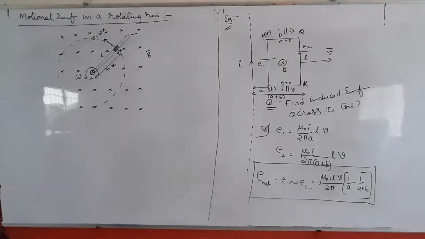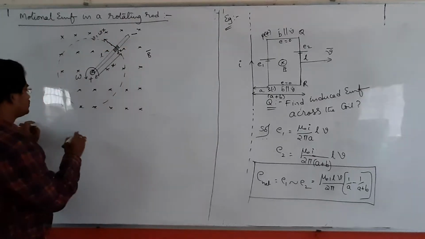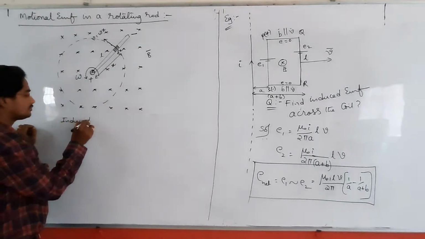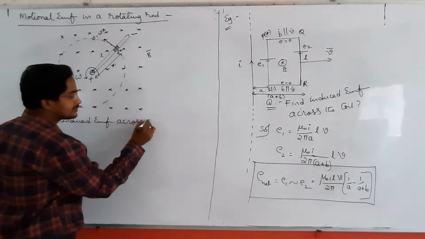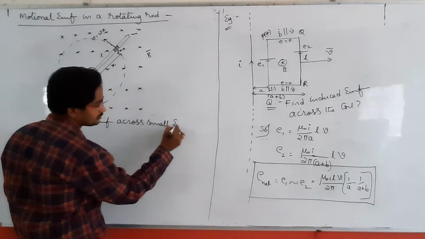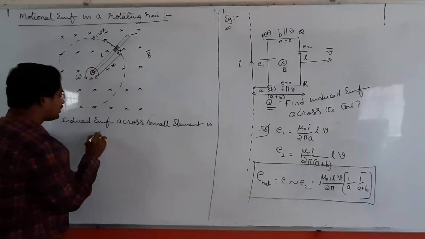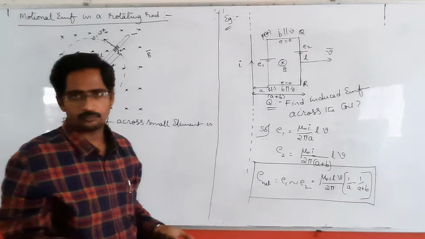Okay. Now, what is the induced EMF across a small elemental portion? Induced EMF across a small element is dE equal to, what is the formula, B l v?